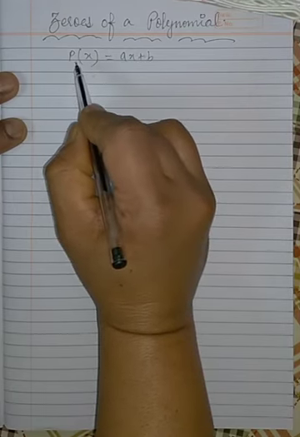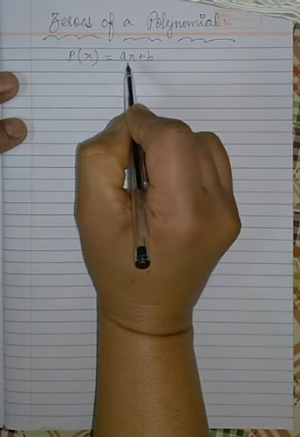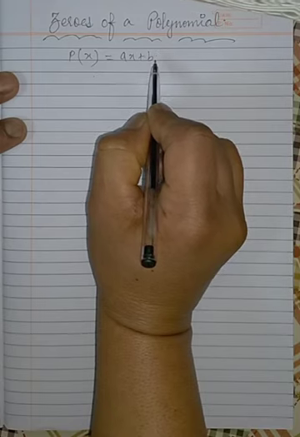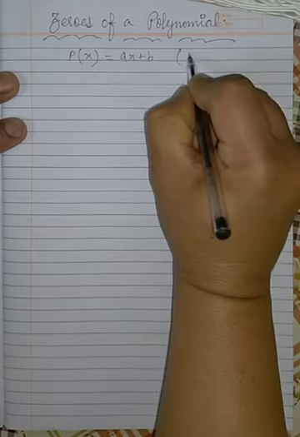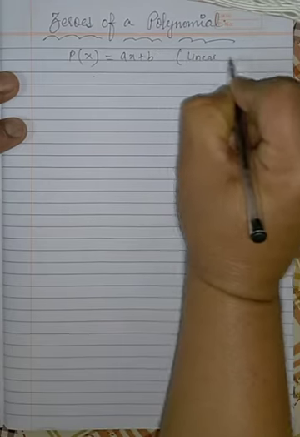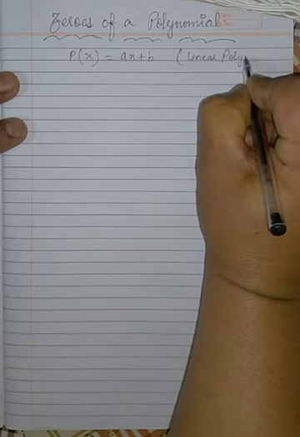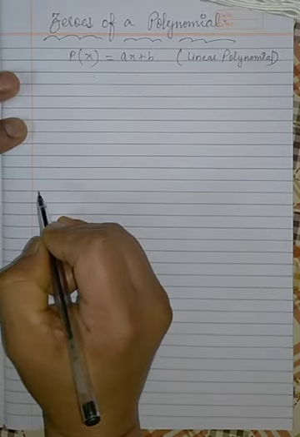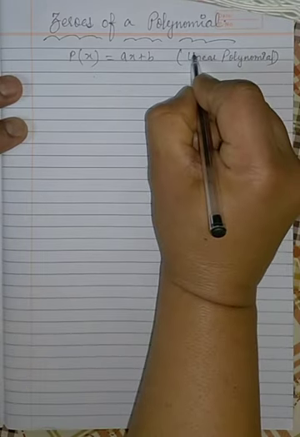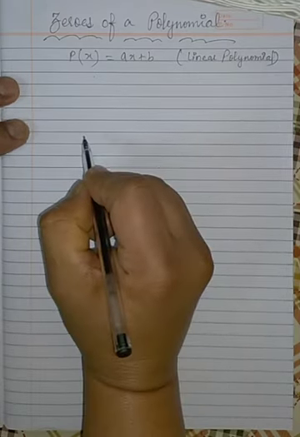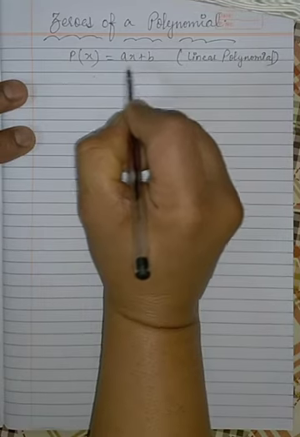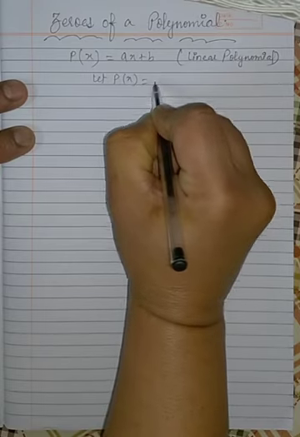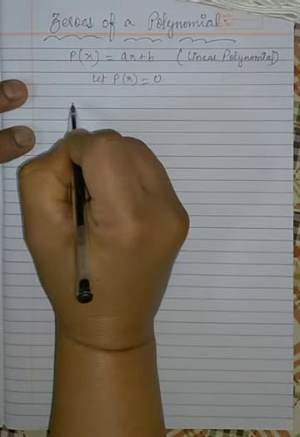So here we have a polynomial p(x) is equal to ax plus b, and as the degree of the polynomial is 1, it is a linear polynomial. Now, in class 9th, we studied that to find the zero of the polynomial, let p(x) is equal to 0.